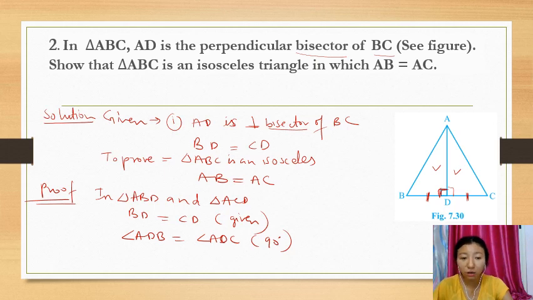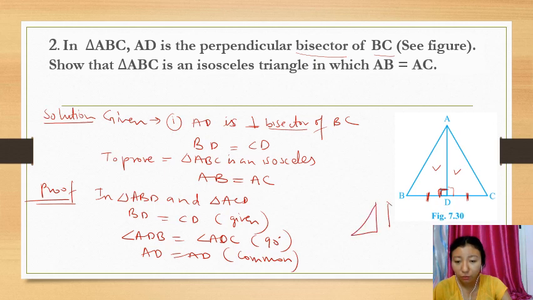That is AD. AD is equal to AD, common. Okay, that's the triangle. So side, angle, side. The triangle ABD is congruent to triangle ACD by SAS congruence. And corresponding parts of congruent triangles are equal, so AB equals AC.